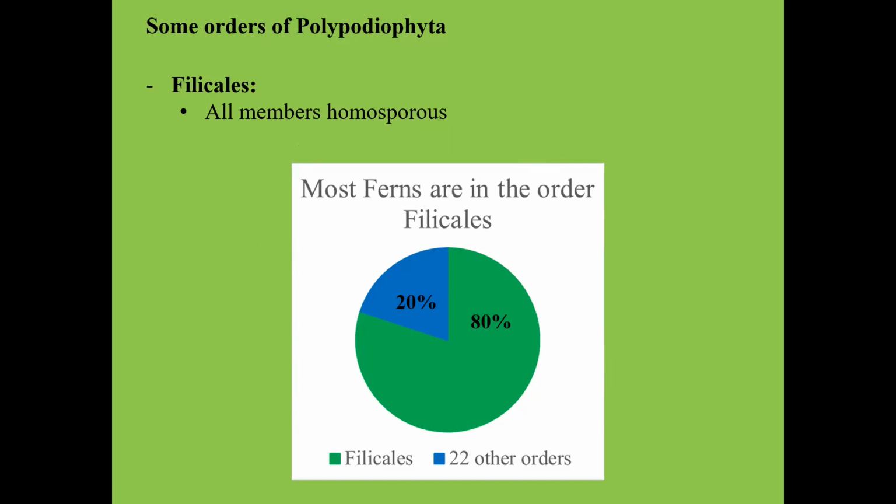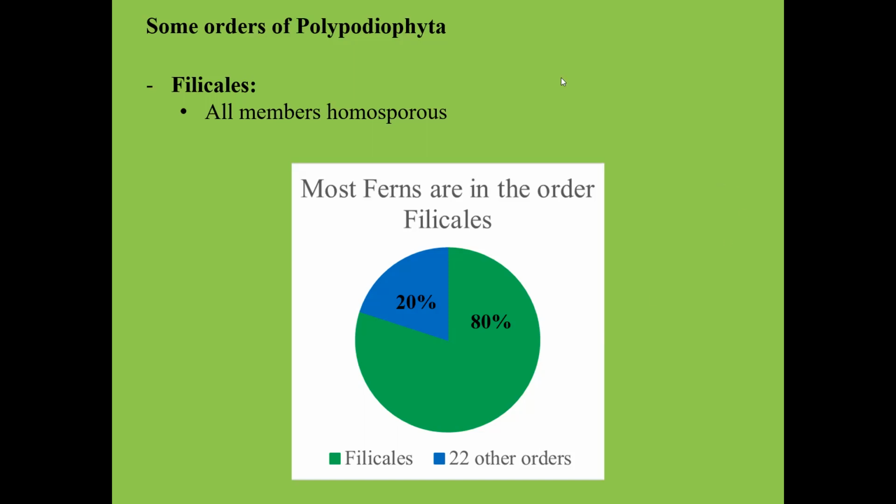And in Filicales, all members are homosporous. So that alternation of generations that we just went through would be an example of a member of Filicales. That's why we use that example to describe the alternation of generations in ferns, because most members are in this order and have that homosporous type of existence.